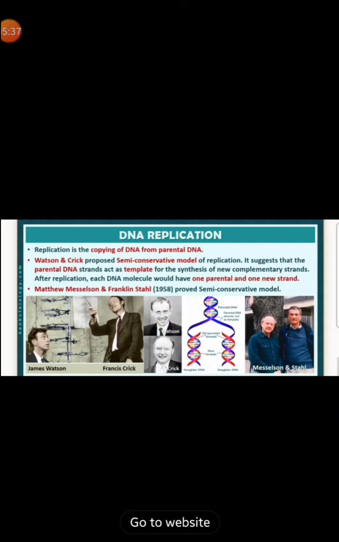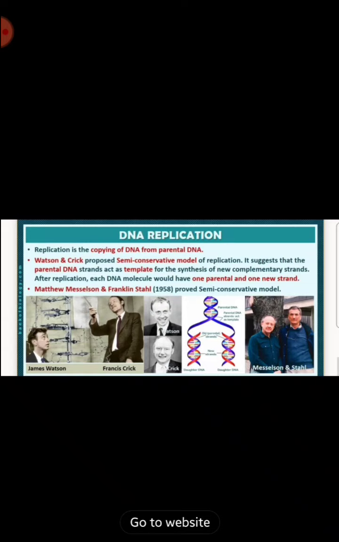Watson and Crick proposed the semi-conservative model of replication. It suggests that the parental DNA strands act as a template for the synthesis of a new complementary strand. After replication, each DNA molecule would have one parental and one new strand.